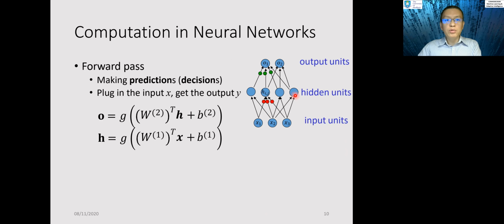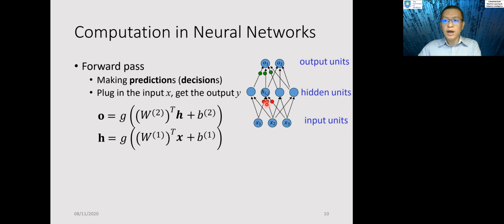So in order to learn in neural networks, we need to do some kind of computation. The first computation is called a forward pass. In this forward pass, we make predictions or decisions based on the input. So this is the input, called the input units. And for example, here is a one hidden layer neural network.